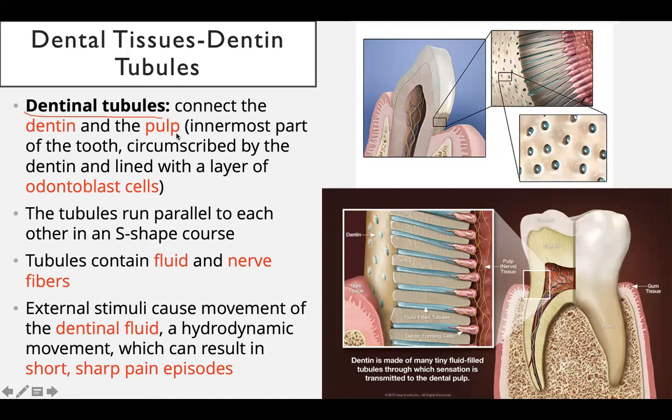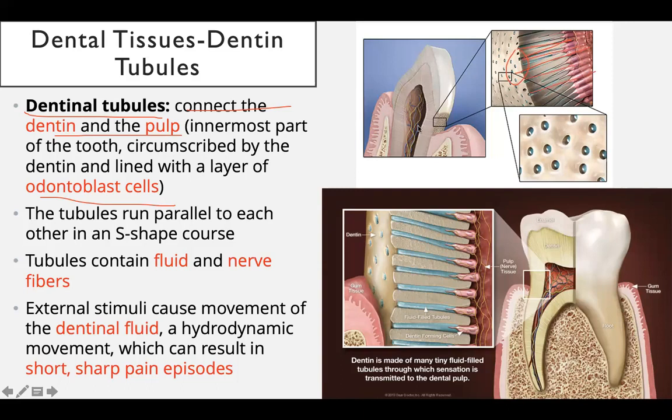So pulp is the innermost cavity or the pulp chamber, the innermost part of the tooth, circumscribed by dentin and lined with an odontoblast layer. Remember, outside we have the odontoblast layer. And they also have stem cells to the predentin. So dentinal tubules connect the dentin and the pulp. So dentin and the pulp are connected by these tubules.